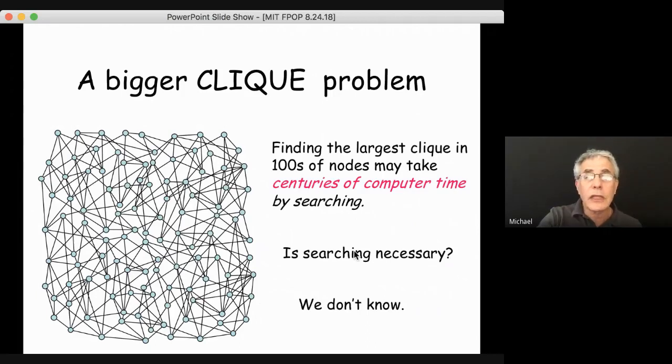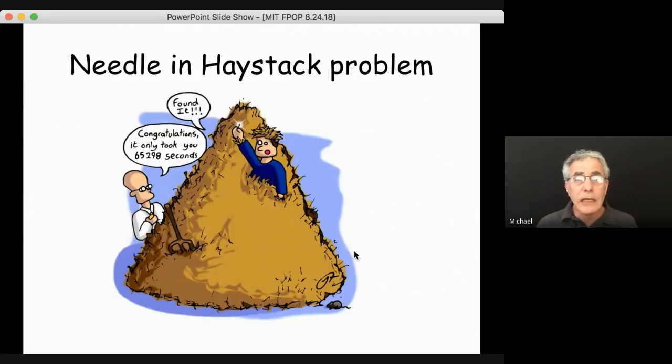Now, both the clique and the factoring problem that we discussed at the beginning are examples of what we call needle in a haystack problems, where you're looking for a solution, which in the case of the clique would be that collection of nodes all connected to one another, or in the case of the factoring problems, that factor. You're looking for this object in a large space of possibilities.